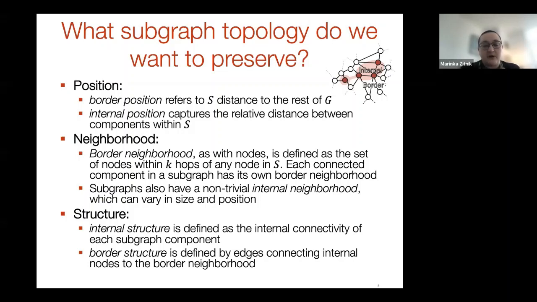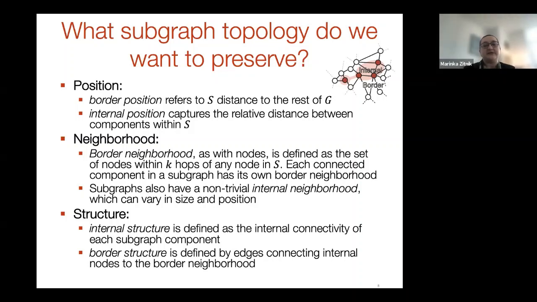The second aspect is that of neighborhood. Neighborhood is the aspect that characterizes the connectivity in some k-hop neighborhood around the subgraph. So this is the part of the underlying graph that exists in the immediate vicinity of the subgraph S, and we want to capture that information as well.